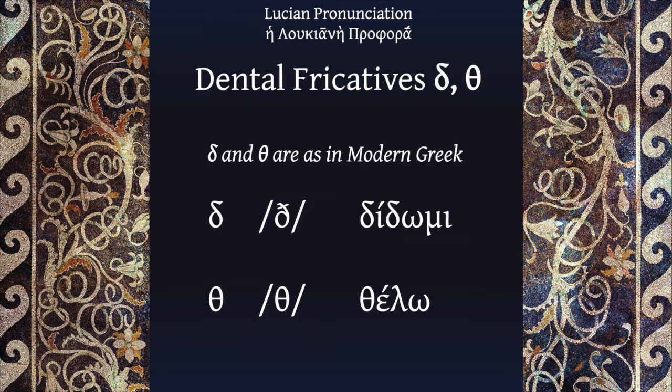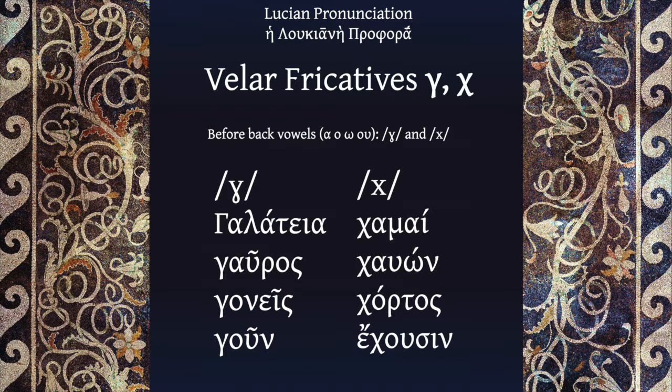Delta and theta are dental fricatives, as in modern Greek. Didomi, thelo. Gamma and hi are also pronounced as in modern Greek. In front of back vowels, they are the velar fricatives g and ch. You can get these sounds by pronouncing a g and a k and feeling where your tongue contacts the roof of your mouth, but then instead of making it fully touch the roof of your mouth, just bring it close enough to create friction.